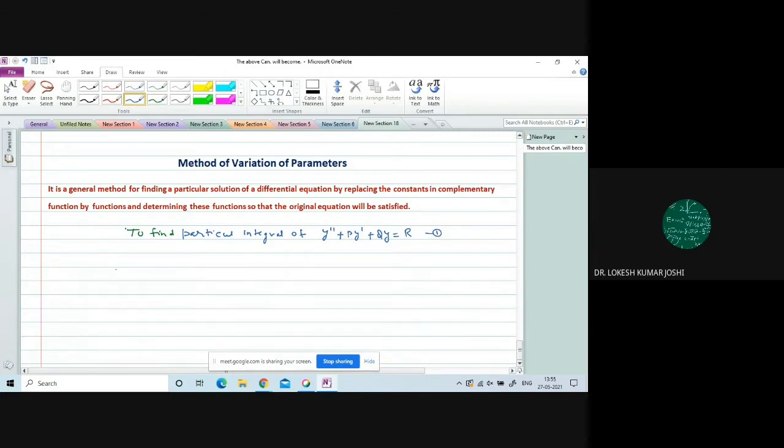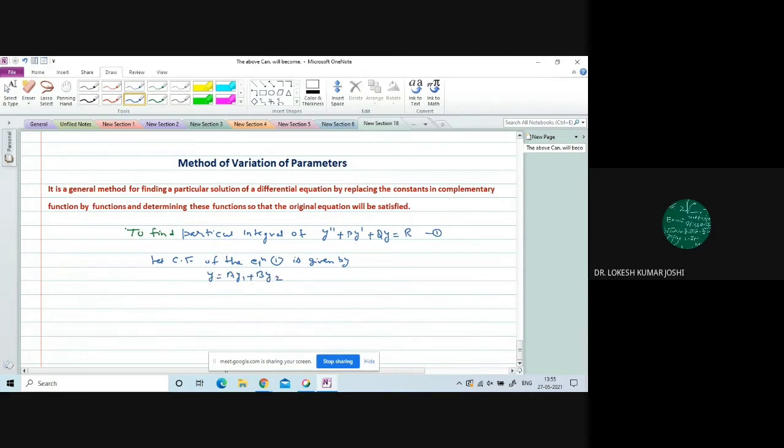Let complementary function of the equation 1 is given by y equals to a y1 plus b y2.